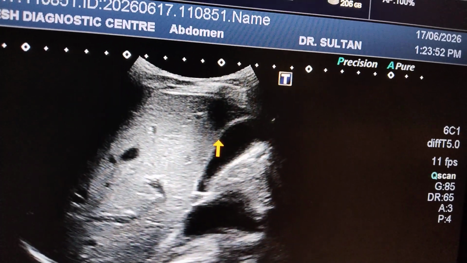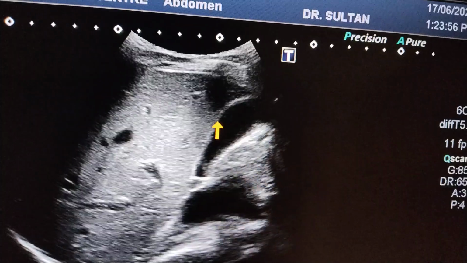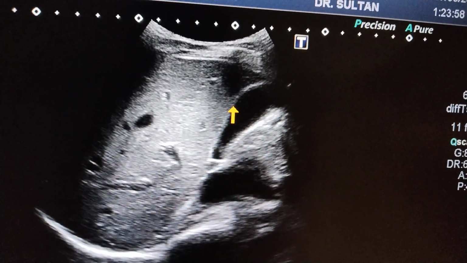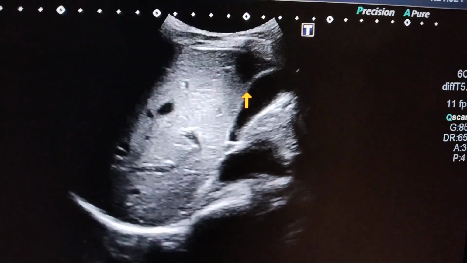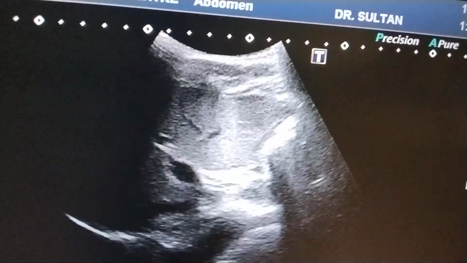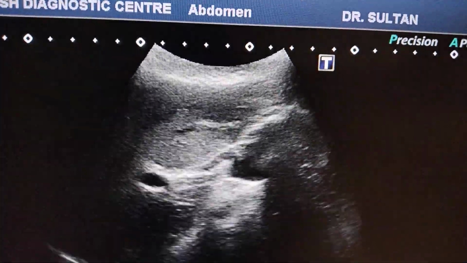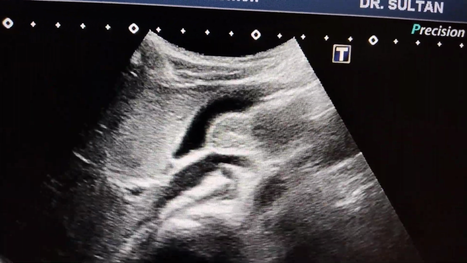So now I'm asking the patient to turn. Now I have asked the patient to turn. The patient is now in the left lateral decubitus position.